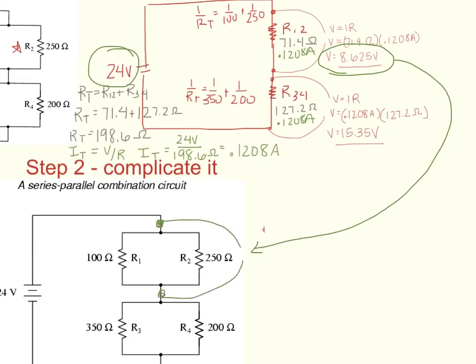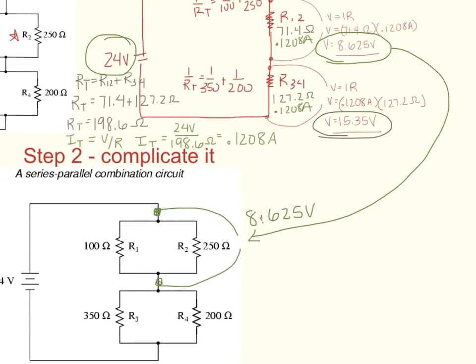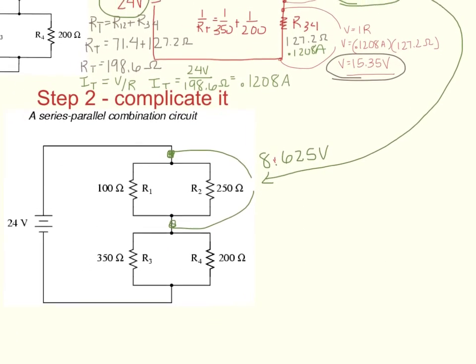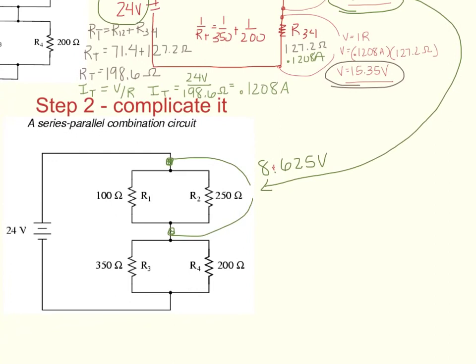This has to be the 8.625 volts. Same is true here with the 15.35 volts. Over resistors numbers 3 and 4, we're going to see that same amount of voltage being dropped.